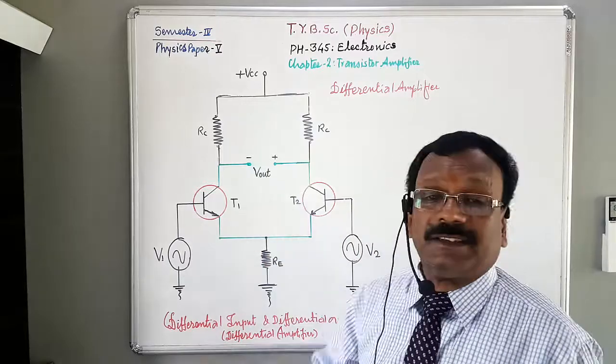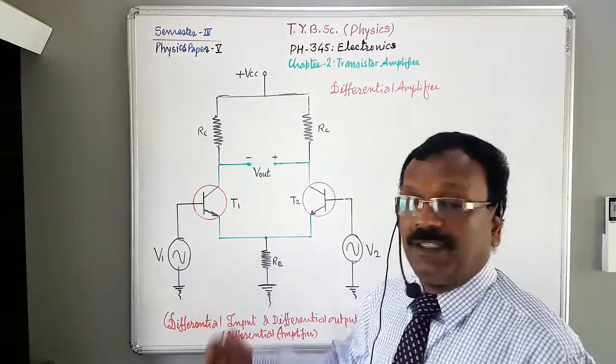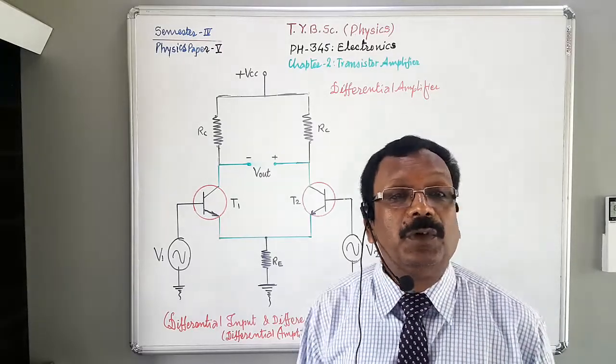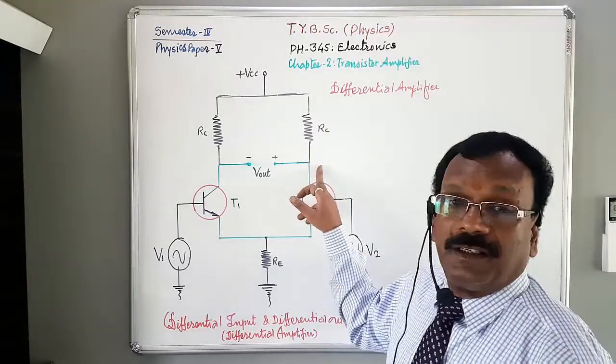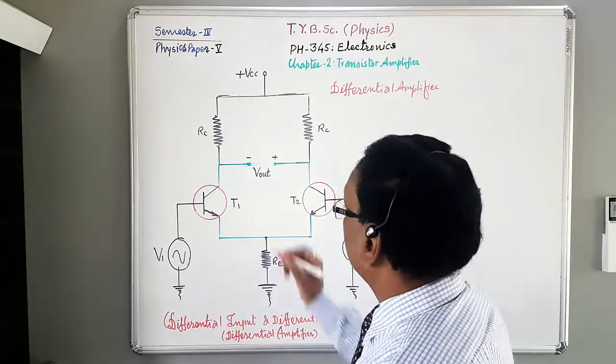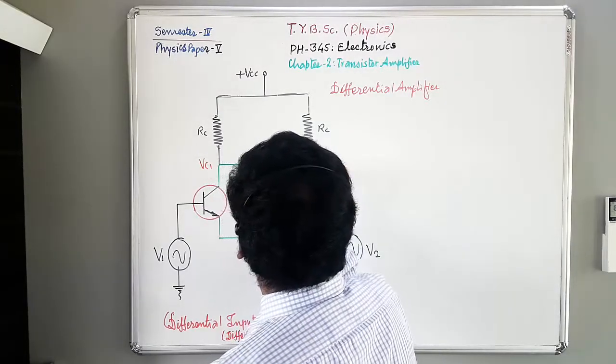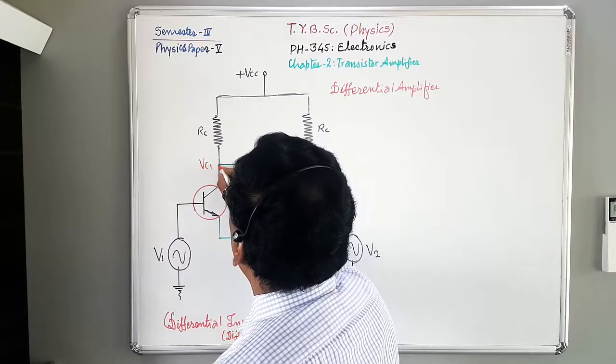This circuit has two inputs V1 and V2 and two collector voltages VC1 and VC2. There are two collector voltages here and here.